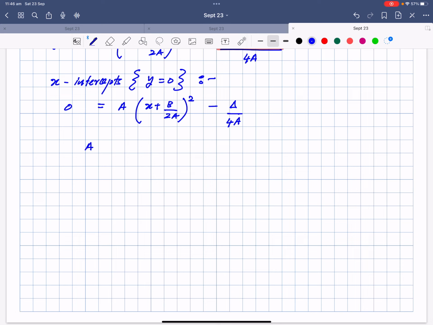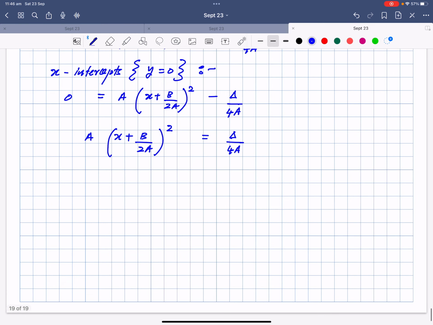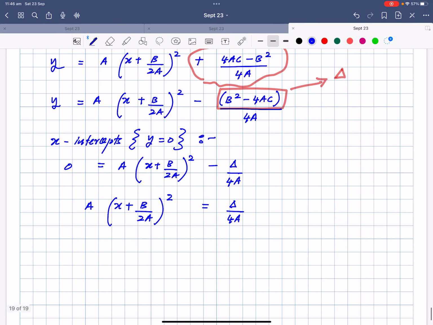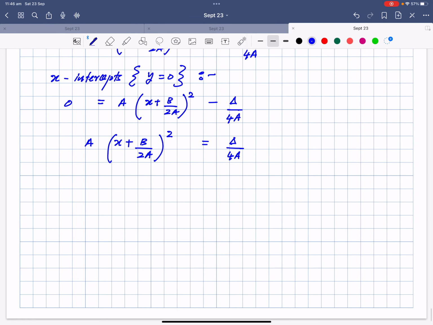So a, x plus b divided by 2a squared is equal to delta divided by 4a. Then I can divide by a. Right? So x plus b divided by 2a squared is equal to delta divided by 4a squared.